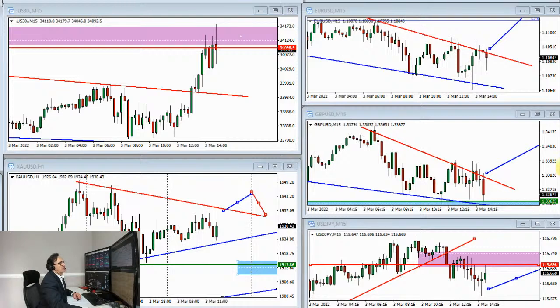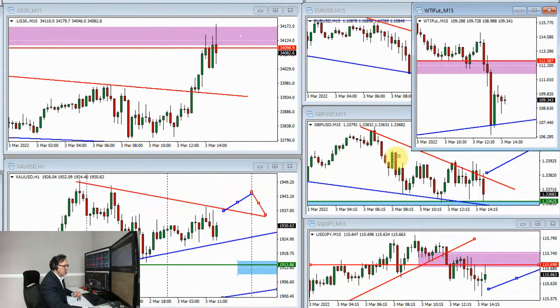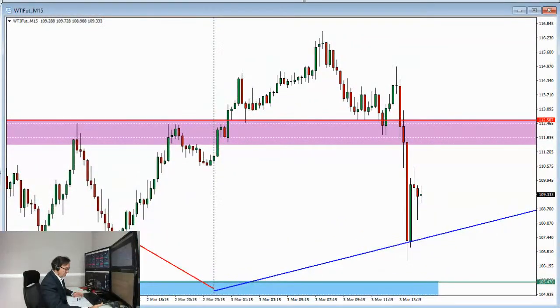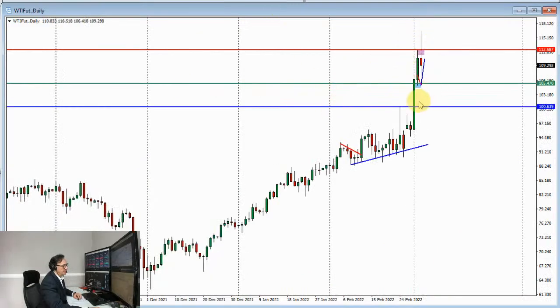So crude oil, guys, appears to be really, really bullish. There is no two ways about it, because firstly, Russia is an oil-producing country and it's involved in a conflict. So that's one thing. And then it appears that intelligent money is parking in oil as a safe haven as well.